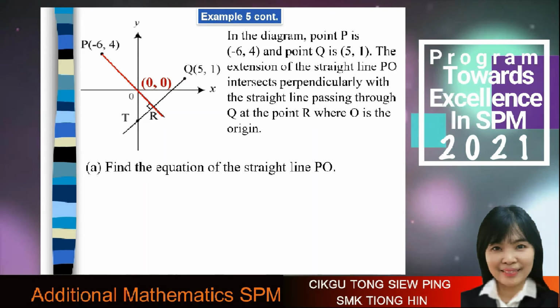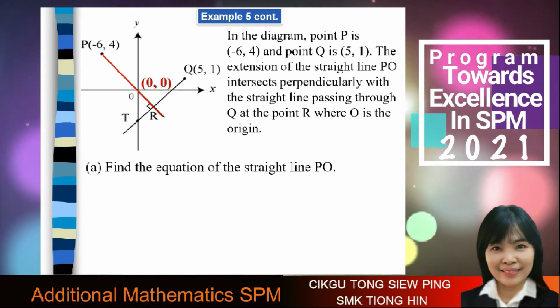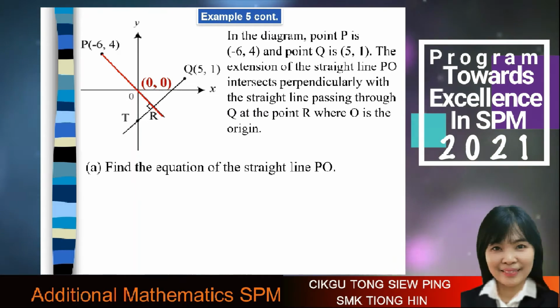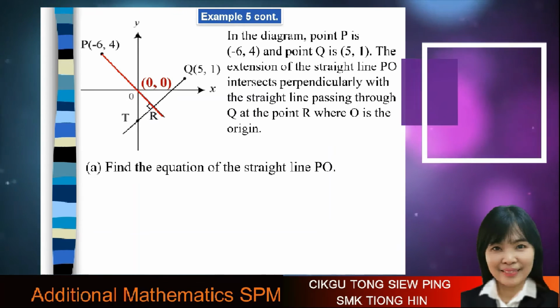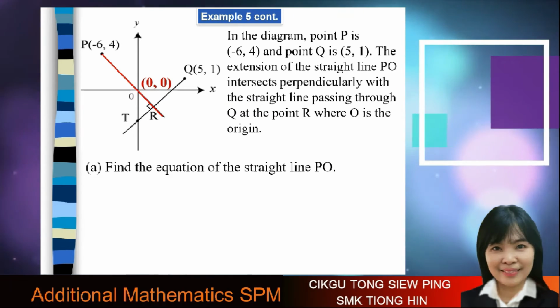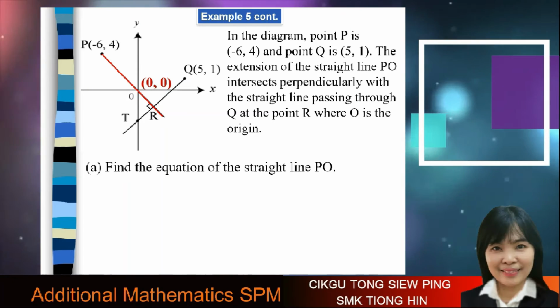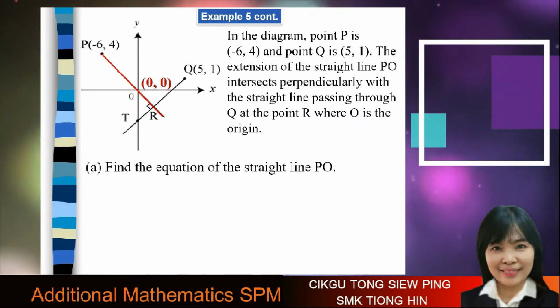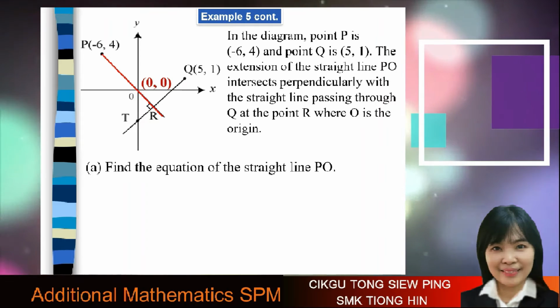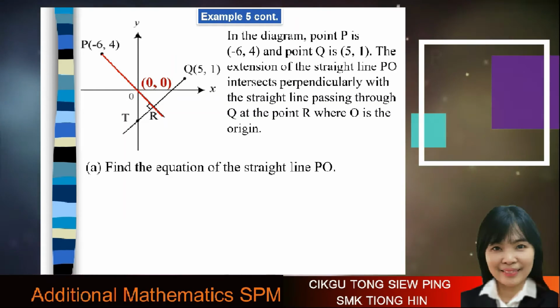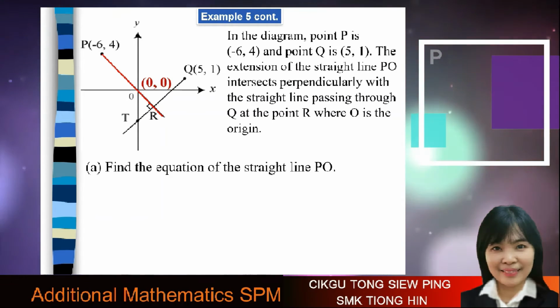To form the equation y equal to mx plus c, we need to know the gradient and also the y-intercept. Since this line PR passes through the origin, therefore its y-intercept is equal to 0. So what we need to do is to find only the gradient.